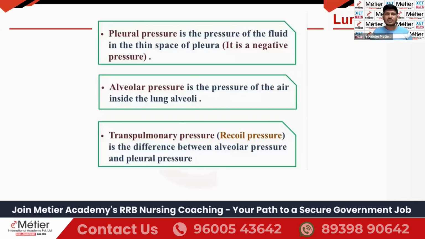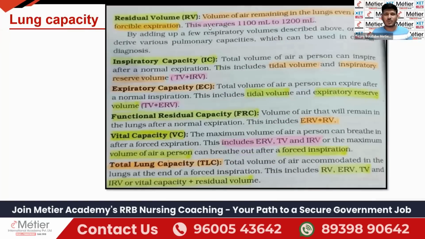Okay, fine. So the next very important thing we are going to discuss is the different lung capacities. Very important, guys. From here, so many times they have asked questions. Without knowing these things, you cannot enter the exams. So what are the different lung capacities?